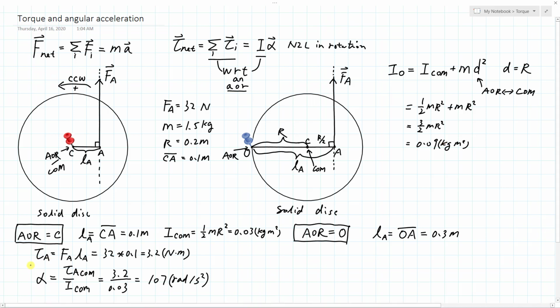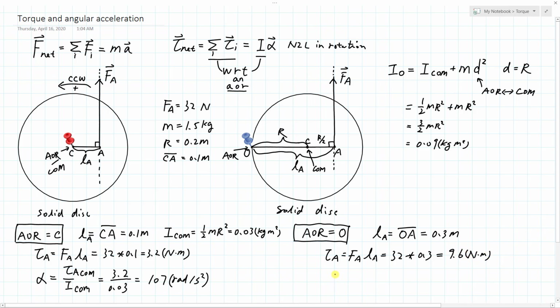So what we did on the left side was put together the torque. So torque here, still from force A, is force A times its lever arm, and that's 32 times the new lever arm 0.3, so that's 3 times as big as the previous time, so it's 9.6 Newton meters.